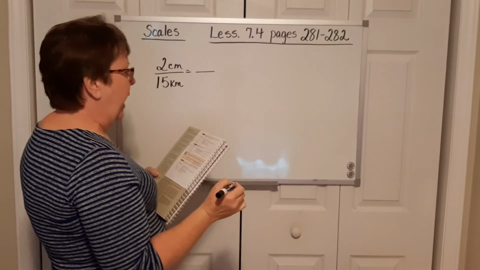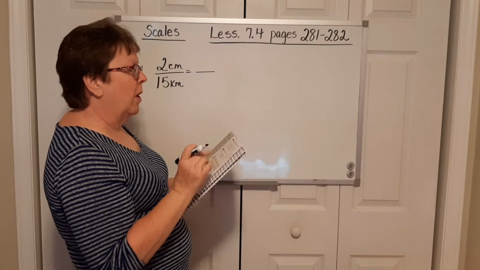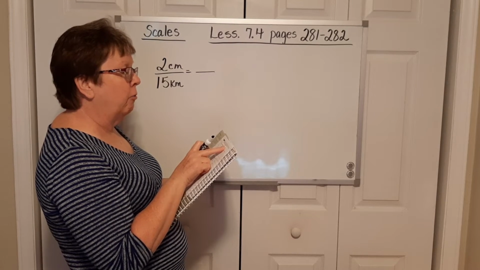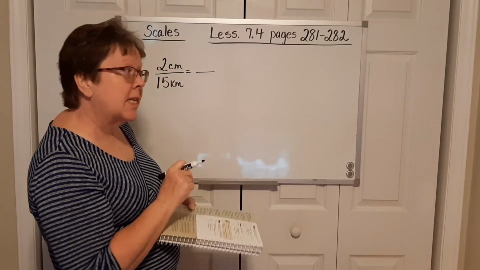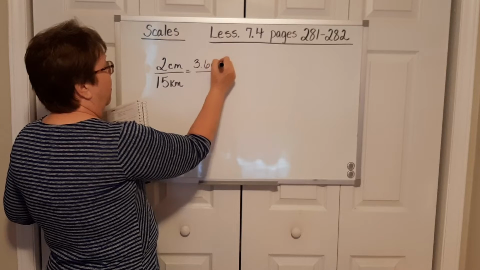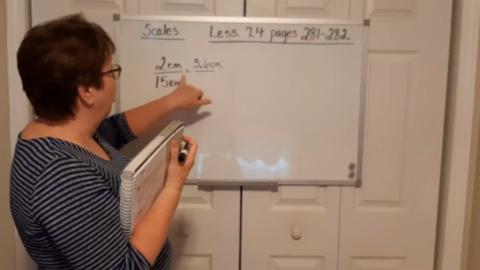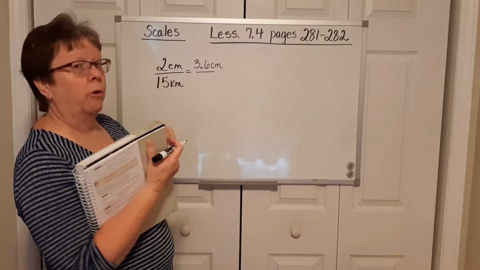And it says what's the actual distance between the 2 towns? Well, it said the distance between the 2 towns was 3.6 centimeters. So we had to write that as the top part of the fraction here because centimeters to centimeters.